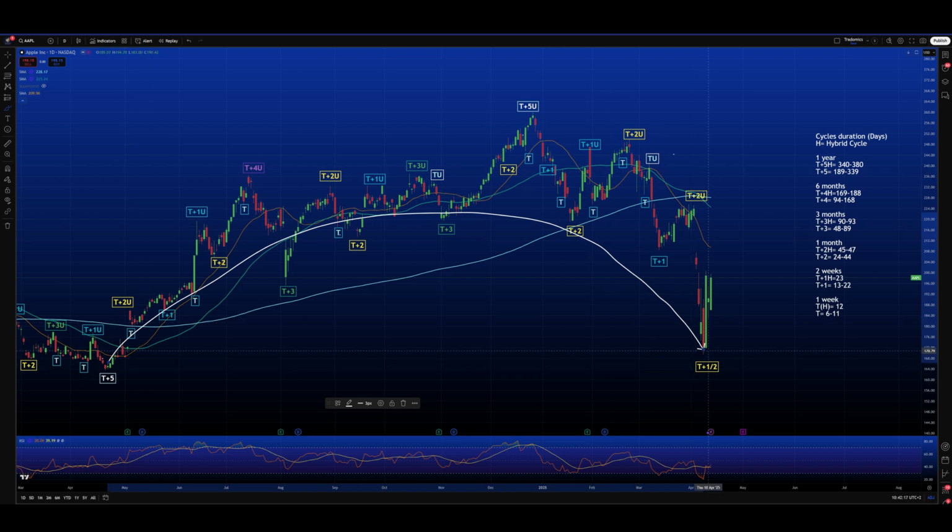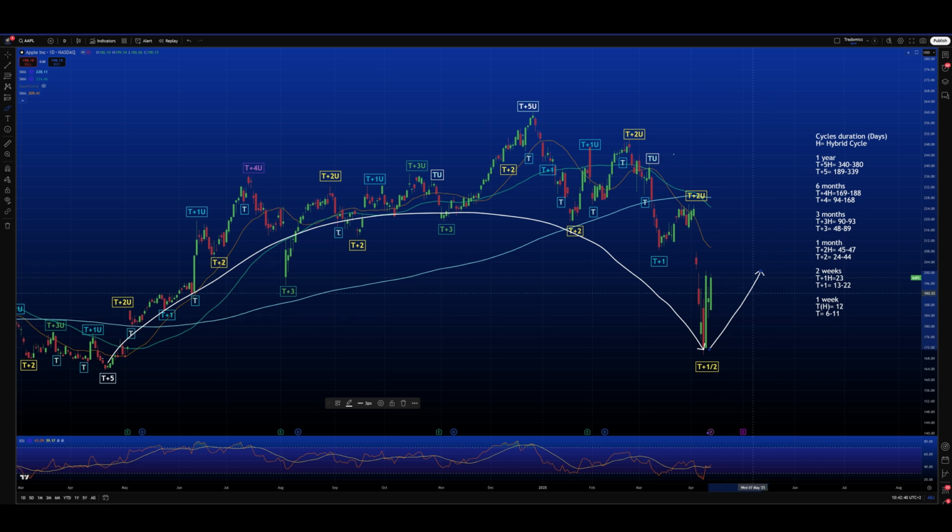So from this low here, what can happen on Apple is that we might have the beginning not just of a T plus 3 or T plus 4, but on Apple and only on Apple. Potentially, we will have the same situation on Tesla, we will see. But here we have the duration of a T plus 5.